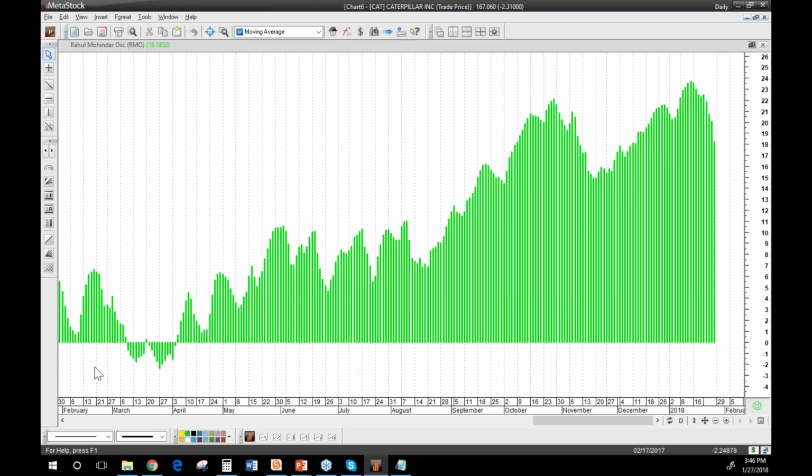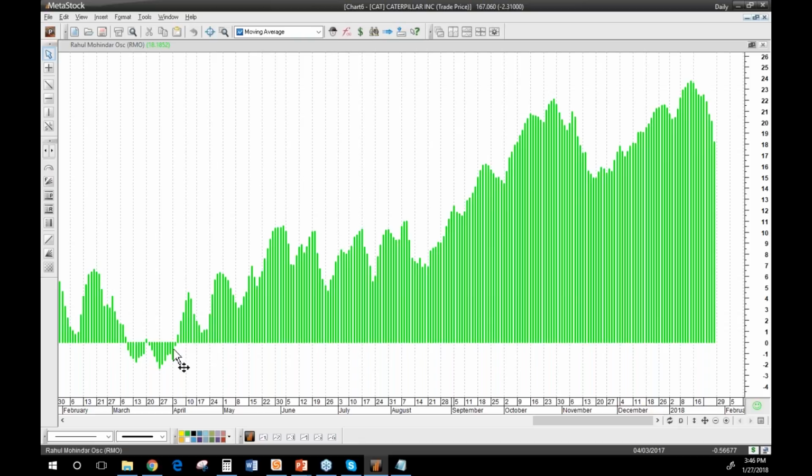With Rahul, he's very, very specific. If it's above 0, then you're bullish. If it's down below 0, then you're bearish long-term. He does say very specifically, size and shape doesn't matter. So it could be down here above 0, you're still bullish. Could be way up here above 0, you're still bullish. It's very, very simple to read.